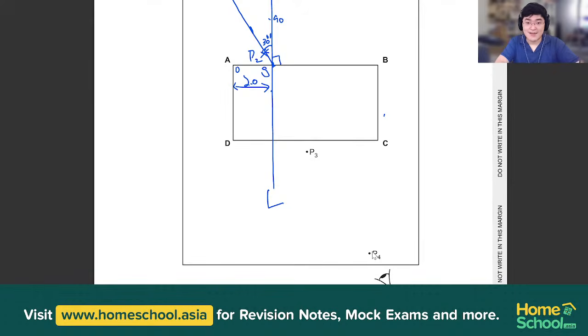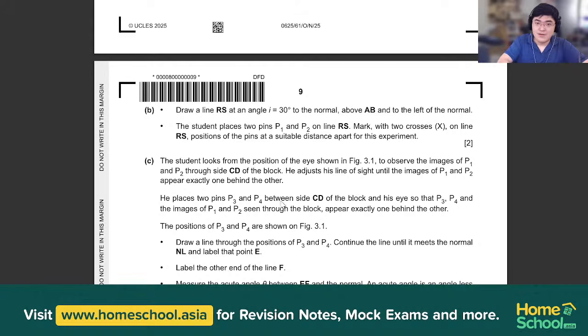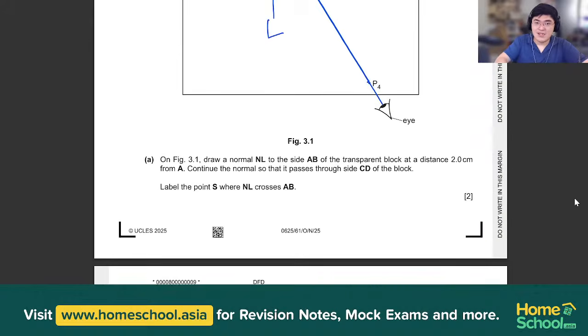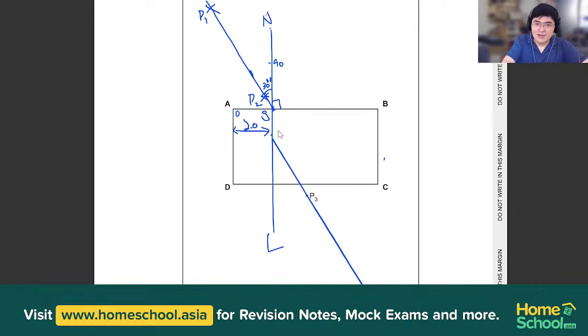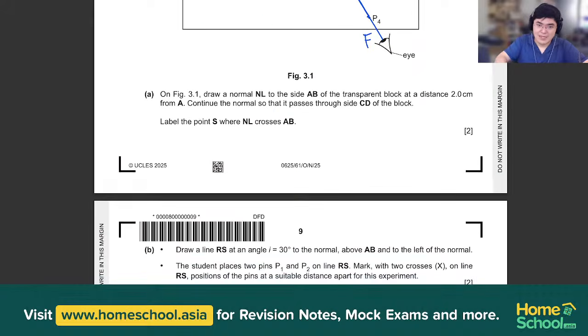Let's put our ruler on here and draw it like that. Next, we label this line E and F. E is right here, and F is right here at the eye, because the line ends at the eye.